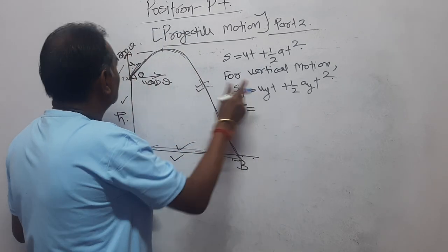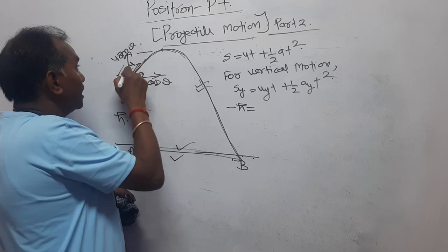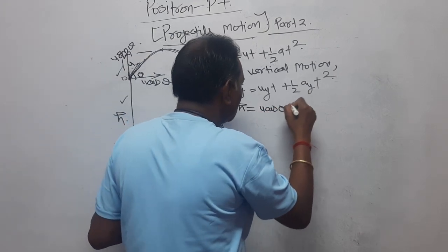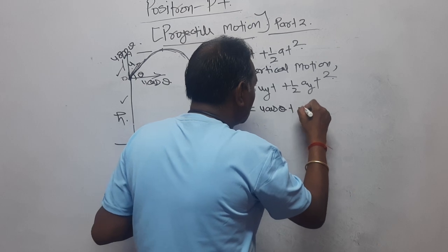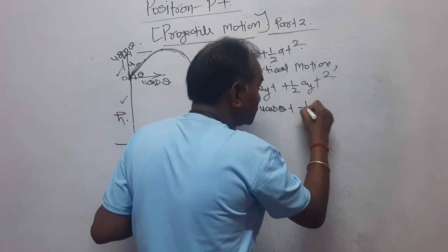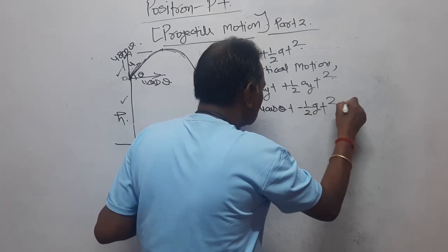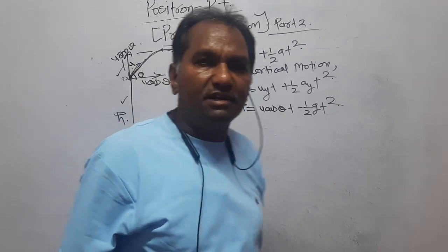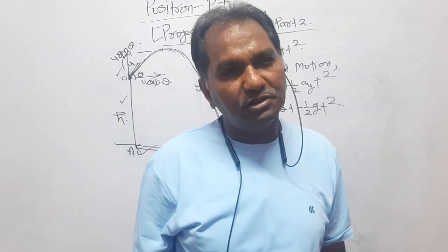Uy is what? This is u cos theta upward, so consider it positive, into t. And ay is minus g, so I am writing minus half g t square. Dear student, the values of u, theta and h will be given and you would be able to find the time t.